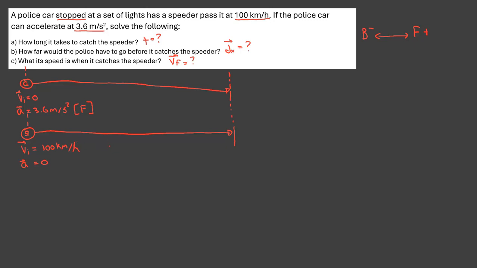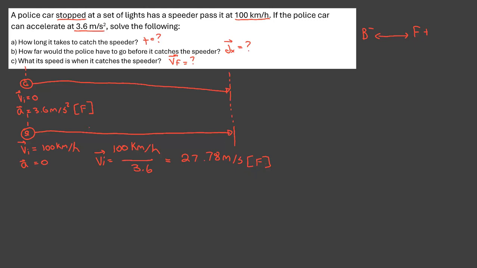And to do that, I'm going to use my ratio of 3.6. So in this case, I'm going to divide my 100 kilometers per hour by 3.6. And when I calculate that, I'm going to get about 27.78 meters per second for my Vi, and again, that'll also be in the forwards direction.